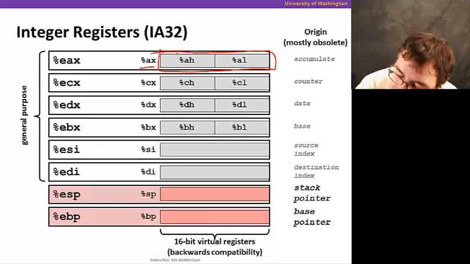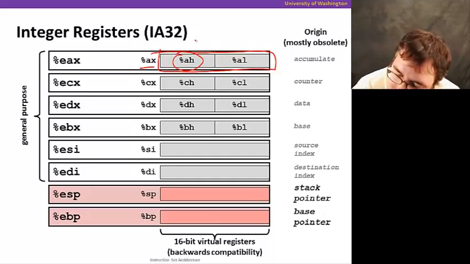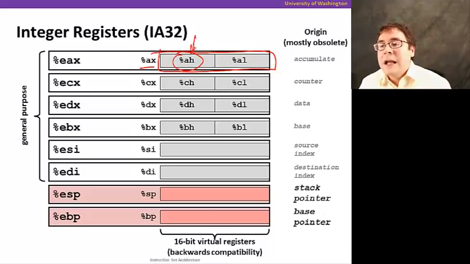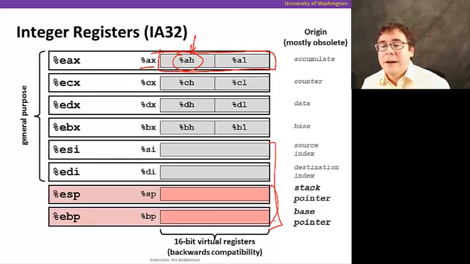Even more, you can reference only a specific byte. If you use this name in your assembly code, %AH, you're just referring to this byte of the EAX register. The same thing goes for the other registers as well, except that for these registers you can only access the half word, or half register.